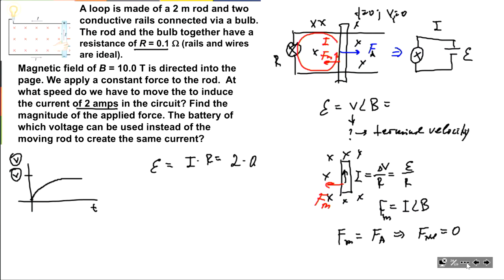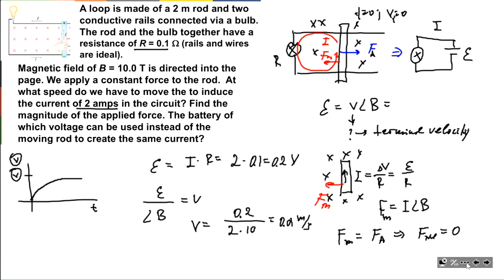2 times 0.1, 0.2 volts. Now, what else do we know? Well, since we know EMF, we can use it to calculate that terminal velocity: 0.2 over 2 meters over 10 Tesla. So 0.01 meter per second.